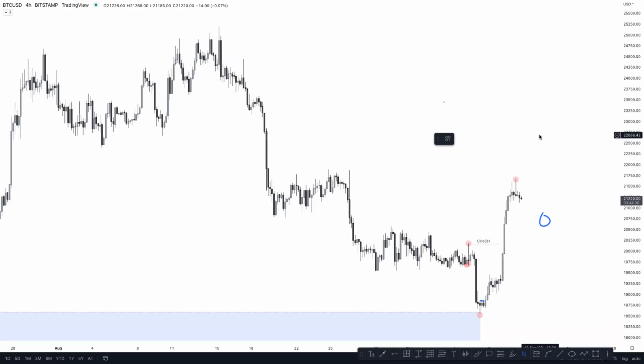Okay, GBP USD, Euro USD. Okay, any other pair or same pair? US 30, Euro USD, Nasdaq, Euro USD. Okay, Euro USD.